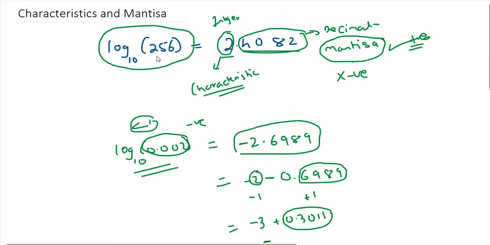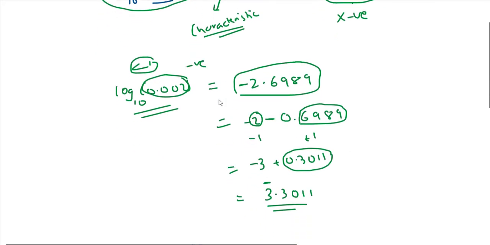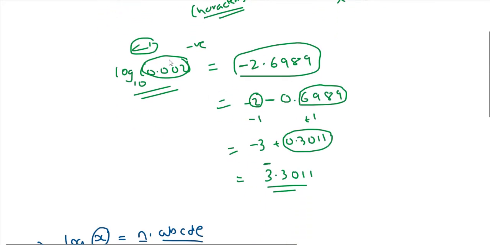Let us take the two examples that we have taken above. For the first case, the log of 256 is 2.408. So the number of digits in 256 is 2 plus 1, one more than the characteristic of this logarithm. It is 3 digits. And in the second example, the value of x is between 0 and 1. As you can see, the log value came out to be negative. It is minus 2.6989.